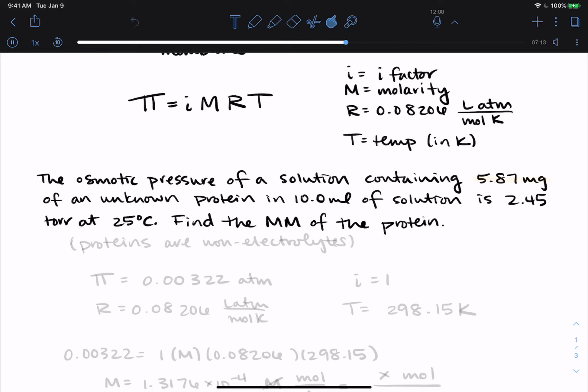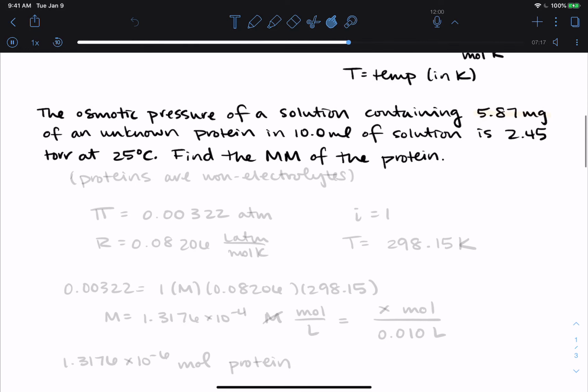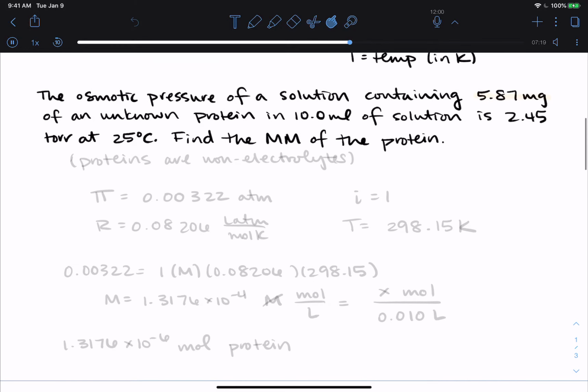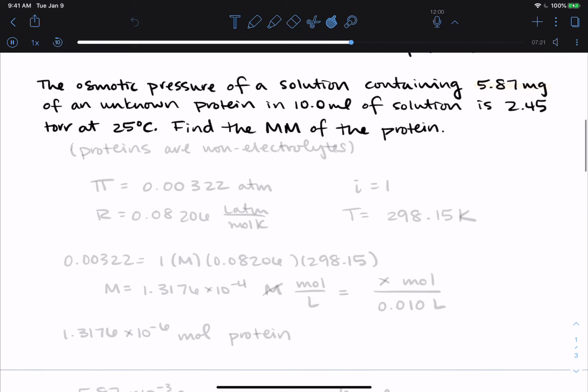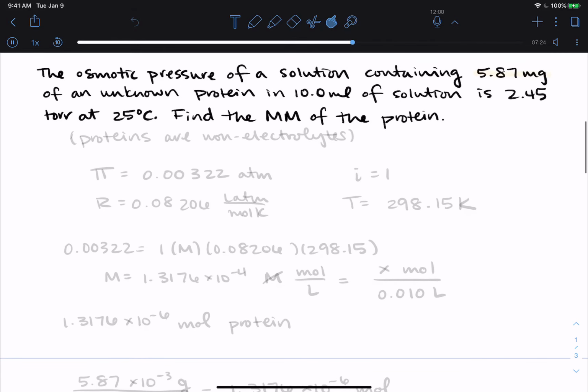The osmotic pressure of a solution containing 5.87 milligrams of an unknown protein in 10 mL of solution is 2.45 torr at 25 degrees C. Find the molar mass of the protein, and in case you need it, proteins are non-electrolytes.